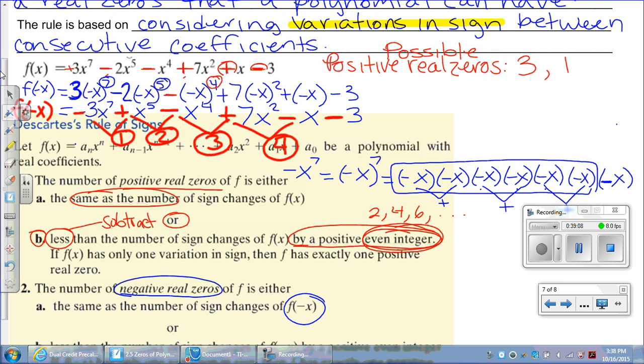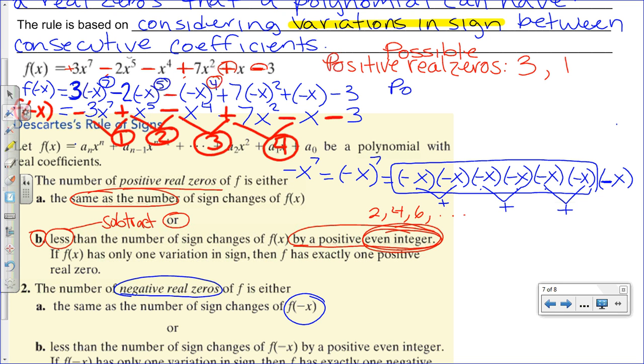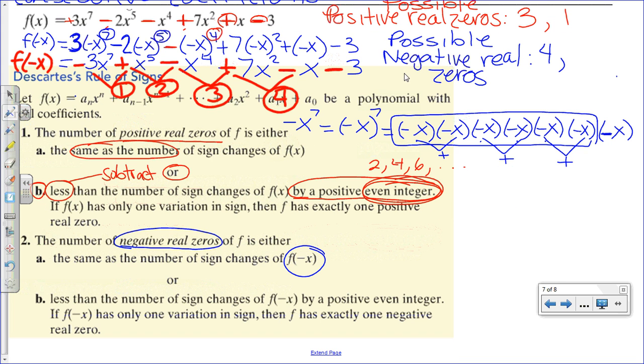So now this is going to tell us the possible negative real zeros. And for this one, we have 4 sign changes. And remember how we need to keep subtracting 2 or subtracting positive even integers.